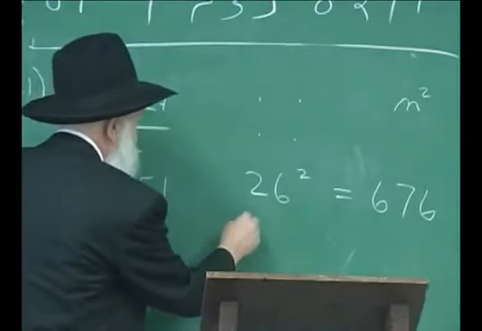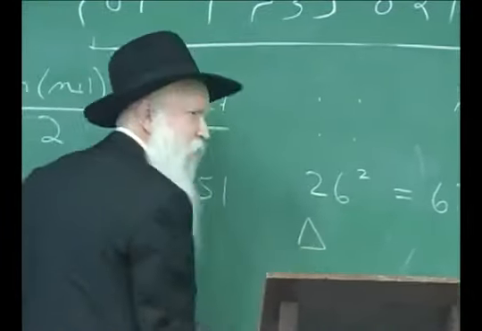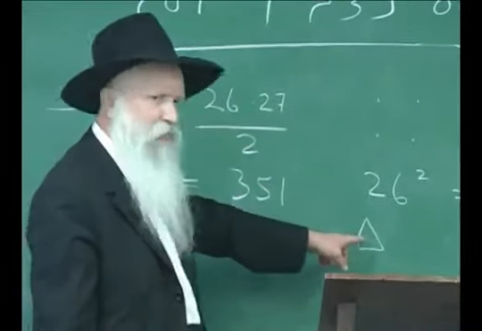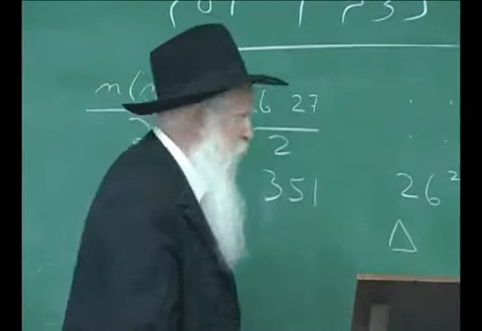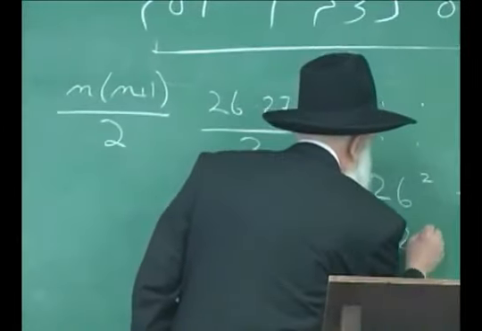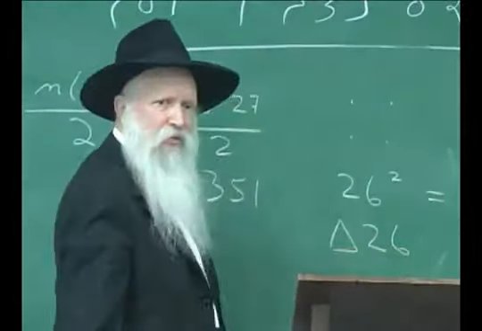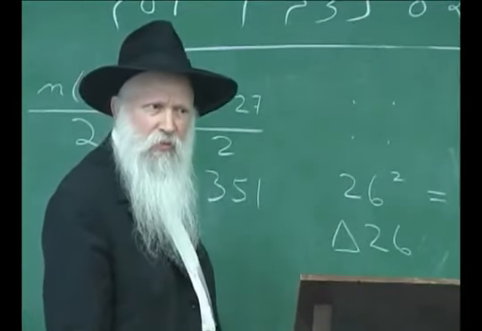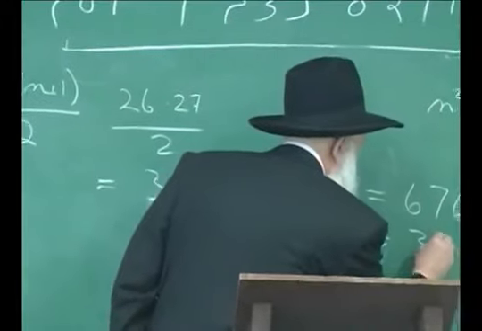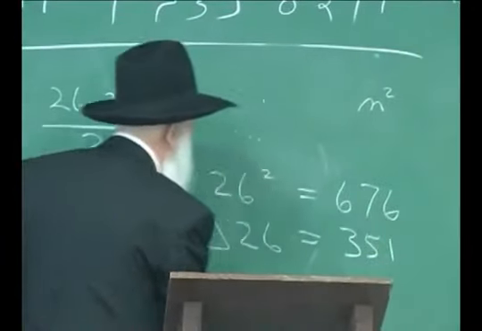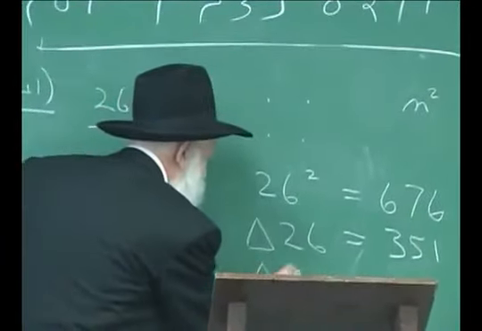Before, we said that we'll now use a simple notation: this triangle means a triangle of a certain number. The triangle of 26 is all numbers from 1 to 26, which before we saw to be equal to 351. Now let's look at the triangle of 25.